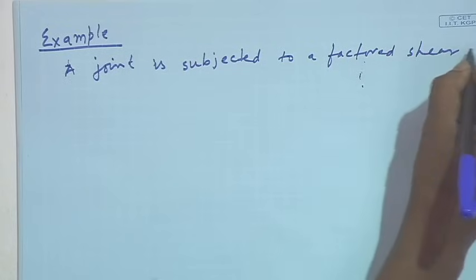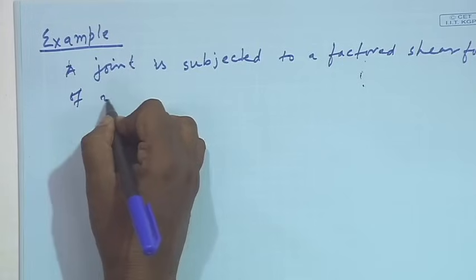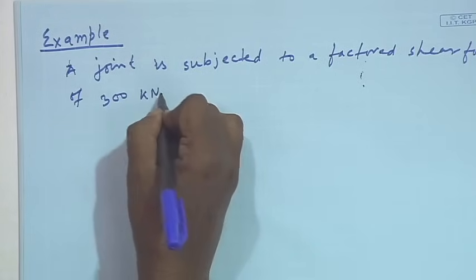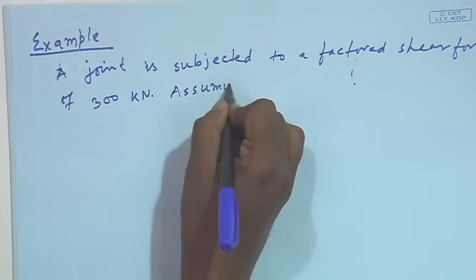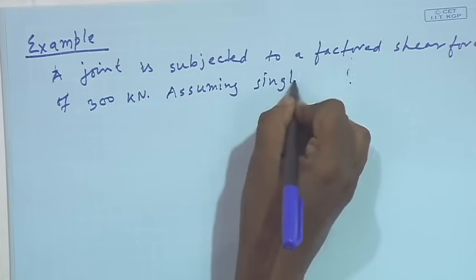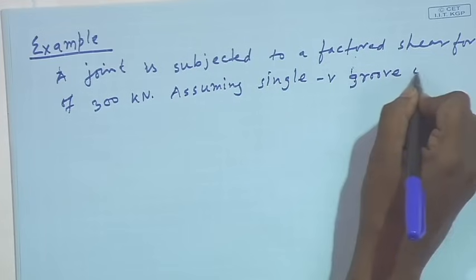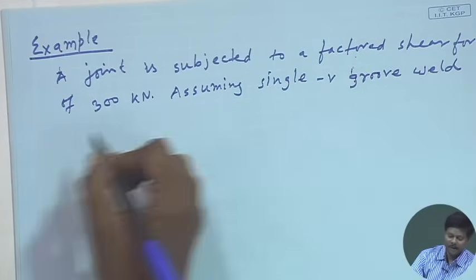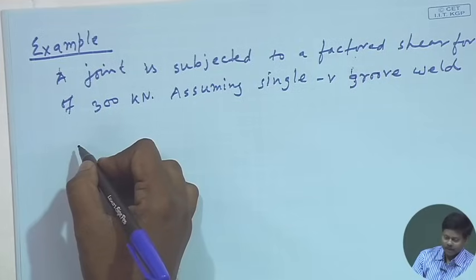In the earlier case we have considered tensile force, now shear force of 300 kilonewton. In this case we will assume a single V groove weld, that means its thickness will be 5/8 of the thickness of the thinner plate, right.